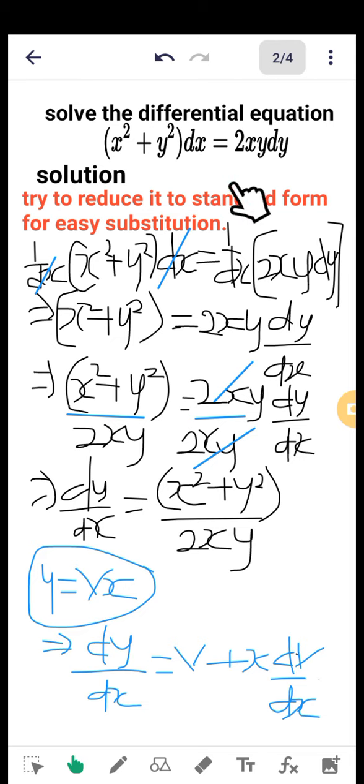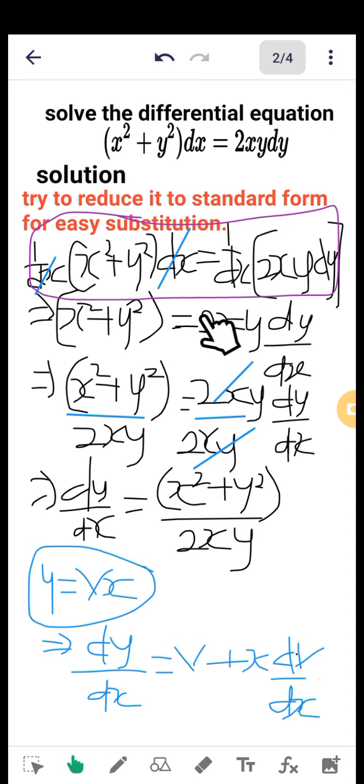We multiply the whole equation by 1 over dx.